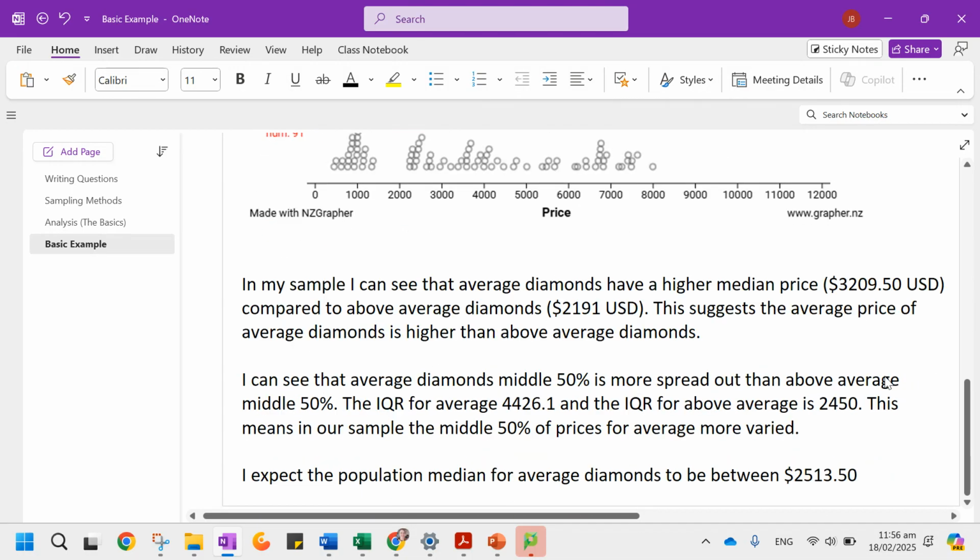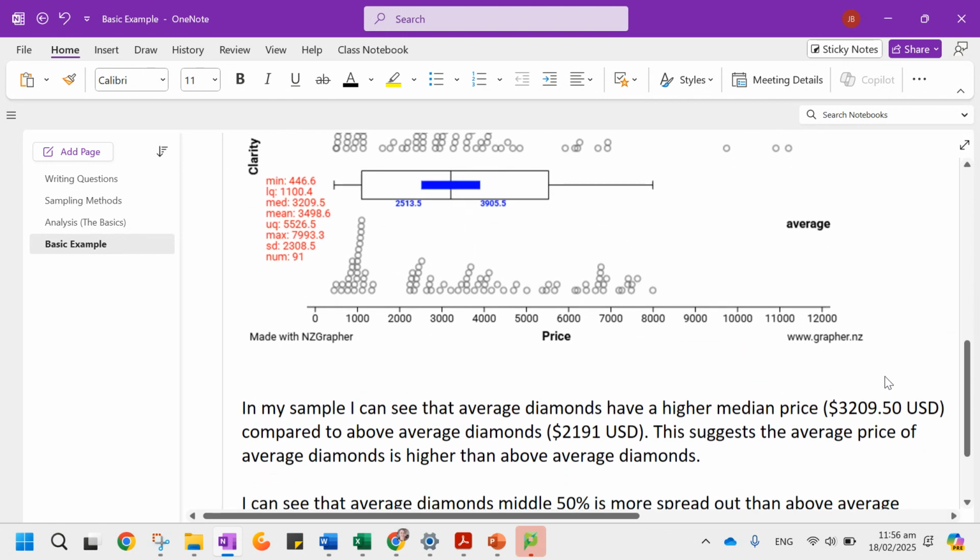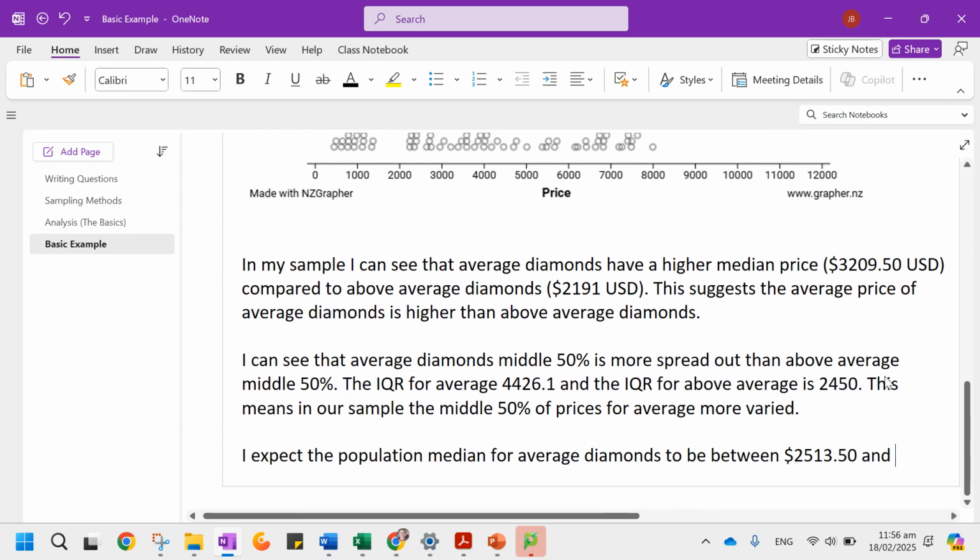Why do I put a 0 on the end of that even though there wasn't a 0 up above? Because it's money. 3905.50.